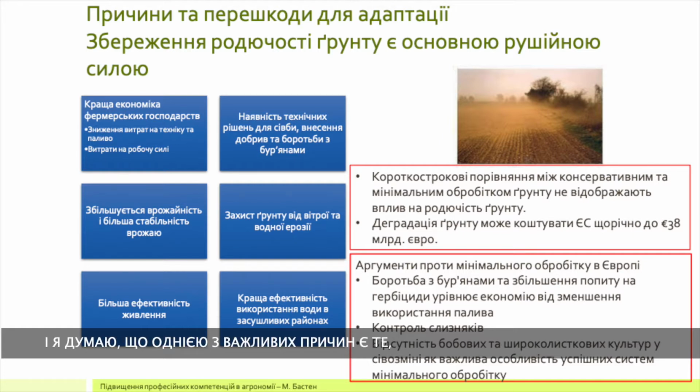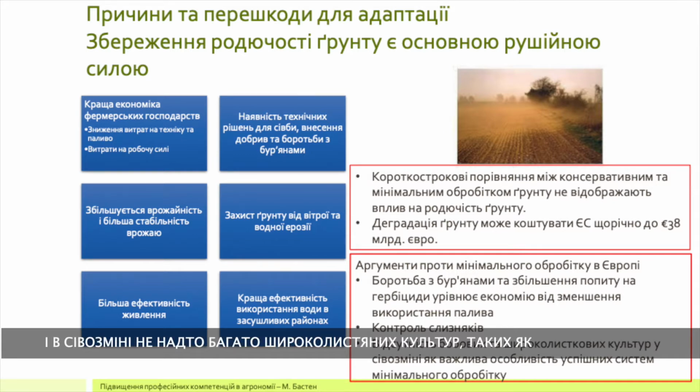And I think one important reason is that the crop rotations in Europe, in Western Europe in particular, are very much dominated by cereals and oilseed rape.